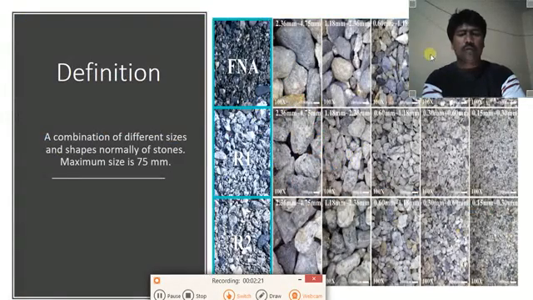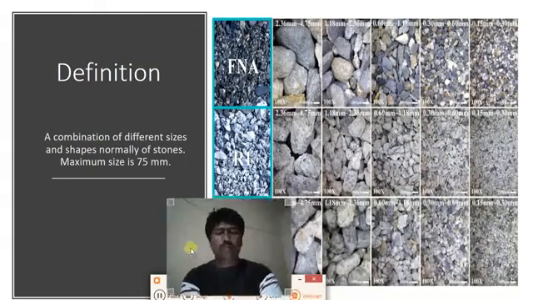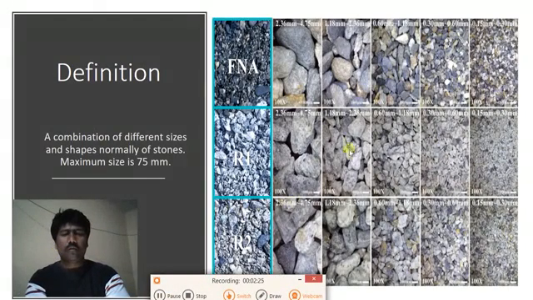Now here, so many types of aggregates are shown. You don't know the type of aggregate here, but you know the sizes of the aggregate. By seeing the aggregate sizes, you can normally differentiate.